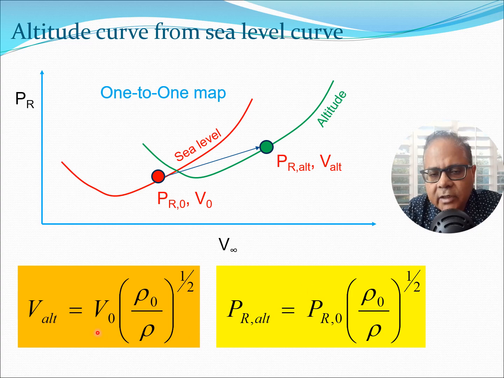If we put it in these two equations, we get the corresponding P_R alt, V_alt. So there is a direct one-to-one map between all the points on the red sea level curve and the green altitude curve, like I have shown here for one particular point. This means that if I have a particular graph at sea level, I can get the corresponding graph at the altitude level.